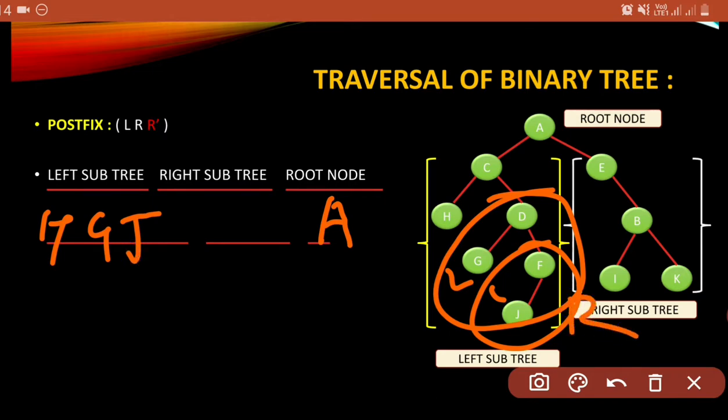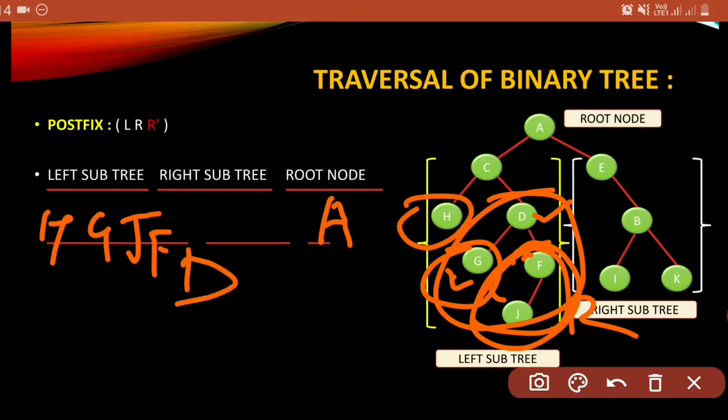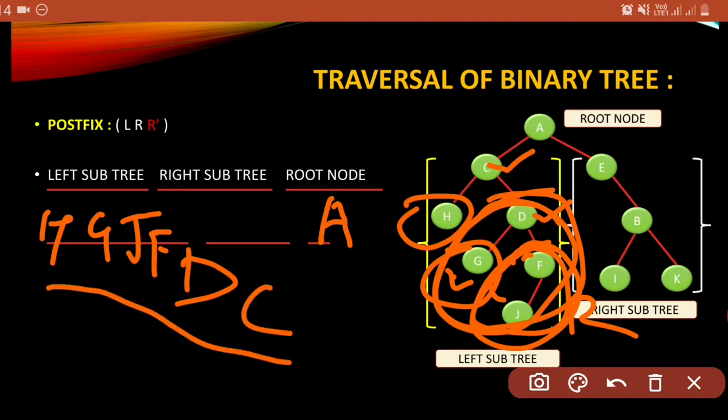Then root is F. Then what? Left and right part is over. Then root D. Left and right part is over. Then what? C. This is our answer. H G J F D C is our left subtree.